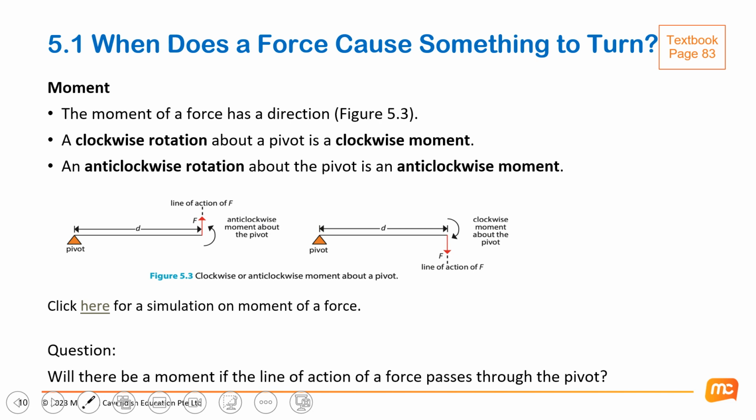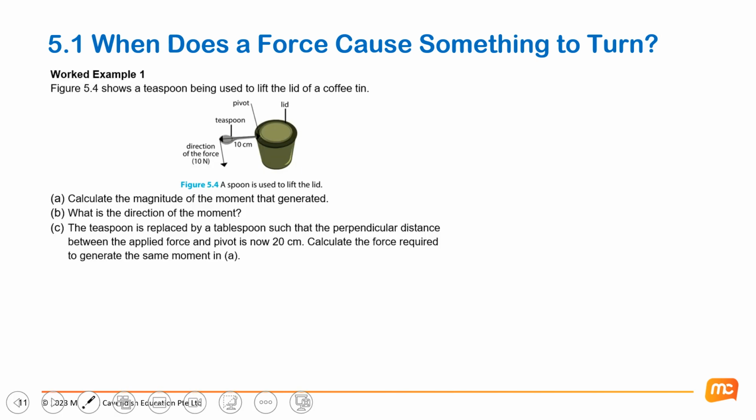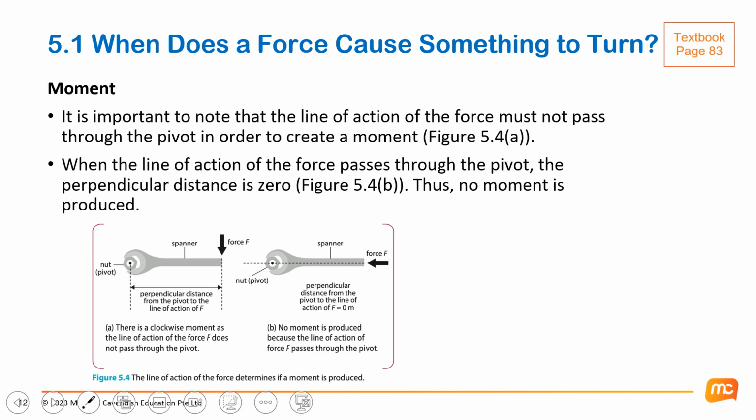If they're trying to cause a clockwise rotation, like this part over here, it's trying to move the lever or this bar clockwise relative to the pivot. So this line of action has a clockwise moment, whereas this line of action here has an anti-clockwise moment about the pivot. And then the question over here, is there a moment if the line of action passes through the pivot? So we'll answer that using our diagrams here later on.